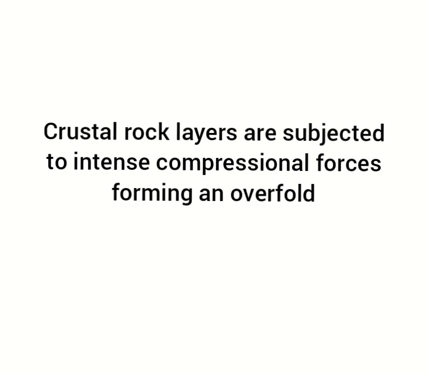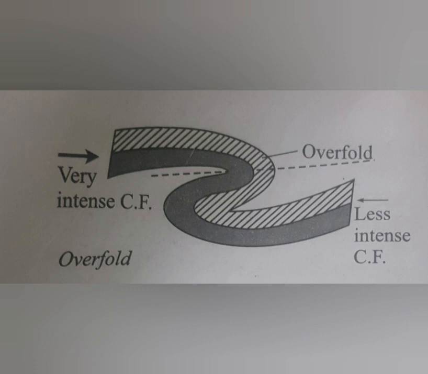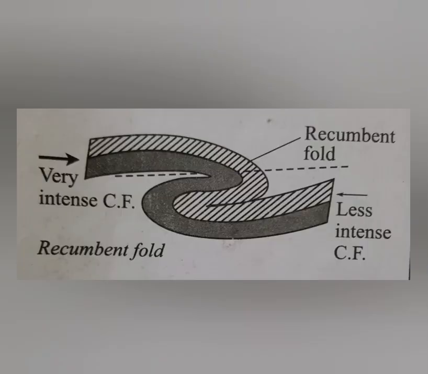So our first point will be crustal rock layers are subjected to intense compressional forces forming an overfold, and so we're going to draw a diagram showing an overfold. That will be our first diagram showing an overfold. Our second step will be increased pressure on the overfold forms a recumbent fold. So we're going to draw a diagram showing the recumbent fold.